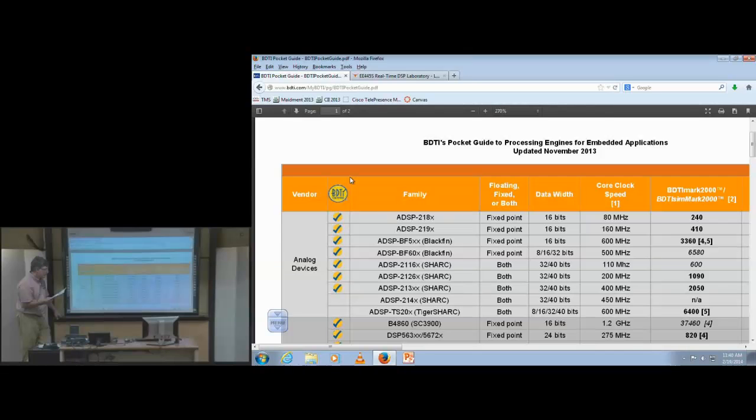Okay, so we got 16 bits, and then for those that are floating point, the most common word size is 32-bit. Right, so there'd be a 32-bit float data type. Again, 24 bits of mantissa plus sign, 8 bits of exponent. And you'll see some of these have a 40-bit mode.